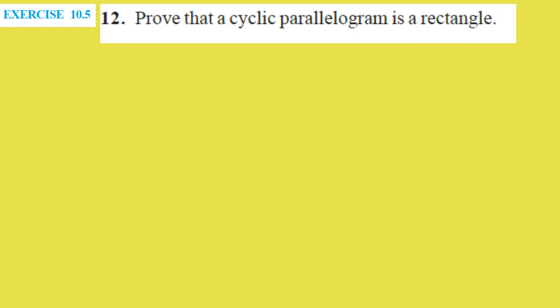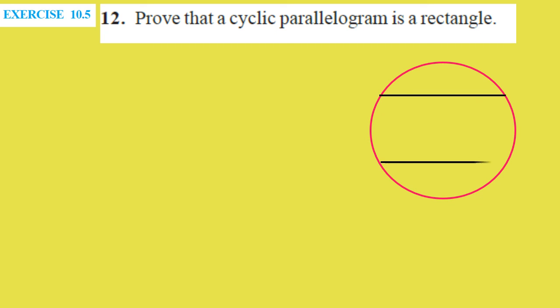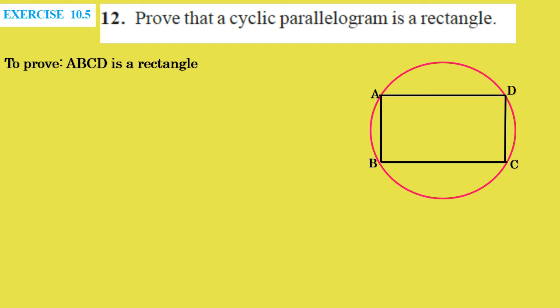Question number 12. The last question of this exercise. Prove that a cyclic parallelogram is a rectangle. So let us draw a circle, a cyclic parallelogram ABCD. We need to prove ABCD is a rectangle.